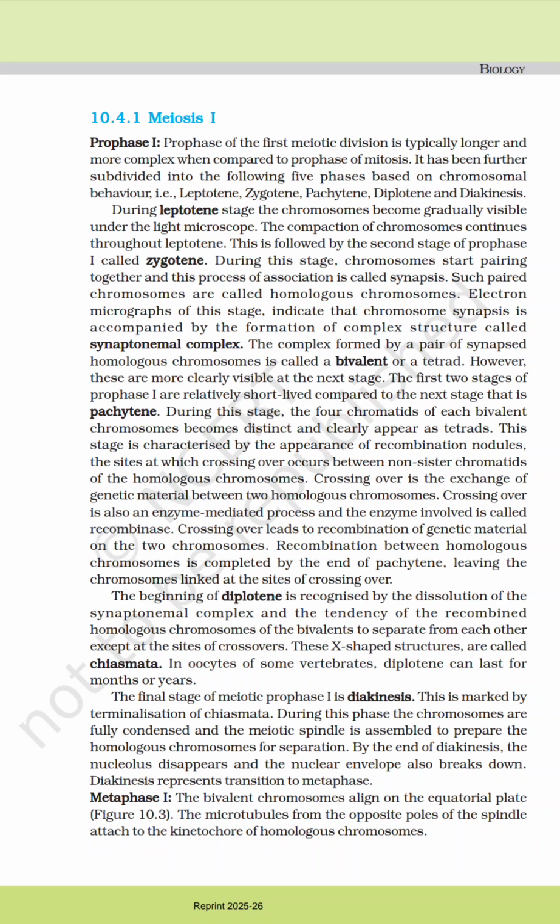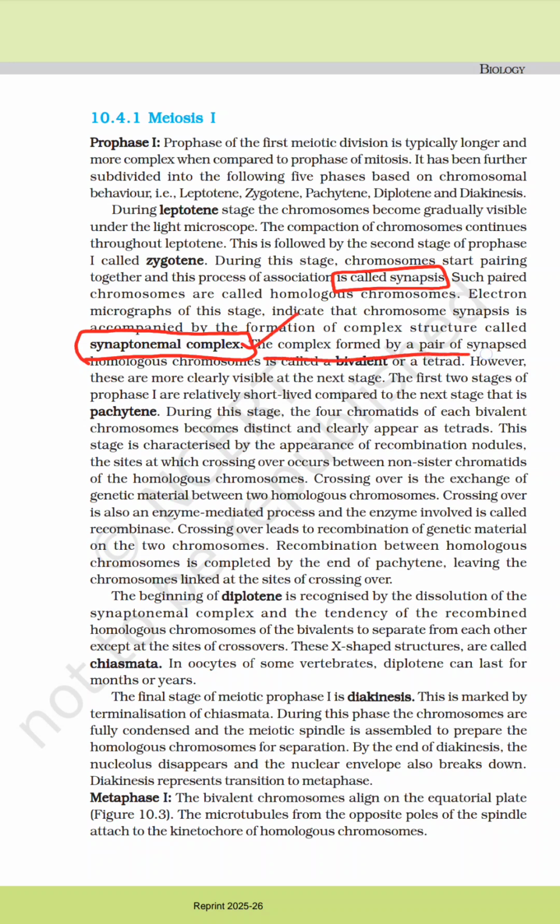Coming to zygotene, chromosomes start pairing together, called the synapsis stage. Synapsis is nothing but the pairing of chromosomes, and such chromosomes are called homologous chromosomes. Electron micrographs of this stage indicate that chromosome synapsis is accomplished by the formation of a complex structure called the synaptonemal complex.